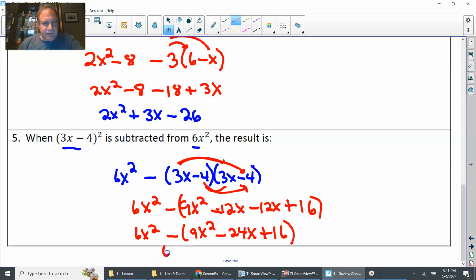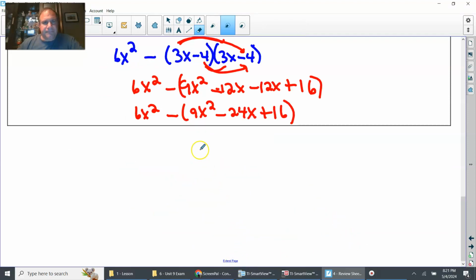And the final answer would be 6x. Let me just put it over here. My final answer would be 6x squared. Nope. Let me extend it. 6x squared minus 9x squared plus 24x.